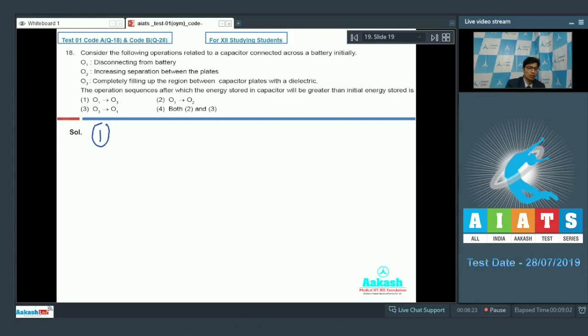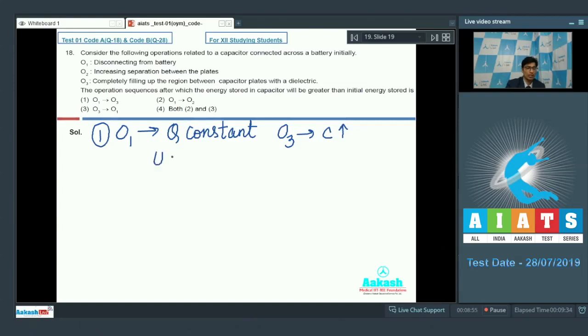Analyzing option number 1, we can see that the first operation mentioned is operation number 1. So in operation 1, the battery is disconnected, which means that the charge becomes constant. Now dear students, the next operation is operation 3, which means that the region between the plates is completely filled up with a dielectric, which means that the capacitance increases.